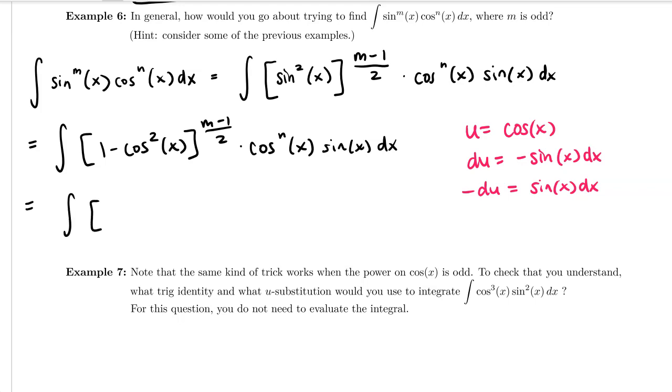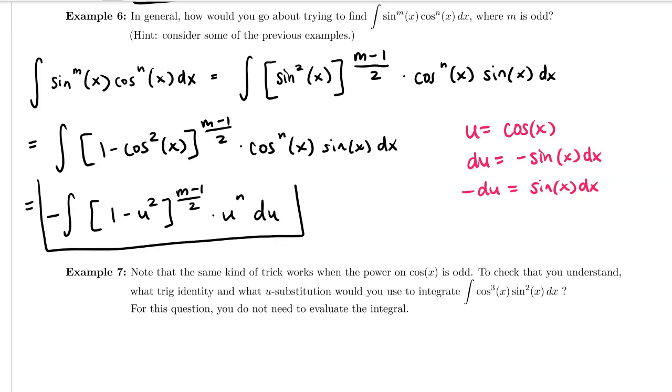So then we have the integral of 1 minus u squared to the power of m minus 1 over 2 times u to the nth power times negative du. And then I'm going to factor out that negative sign and put it in the front of my integral. And then I have du here. So this is our final answer.